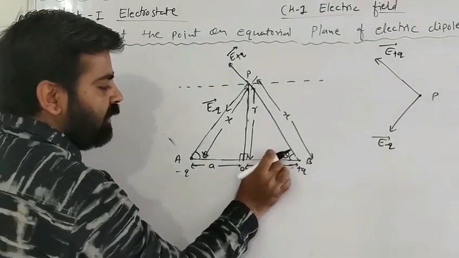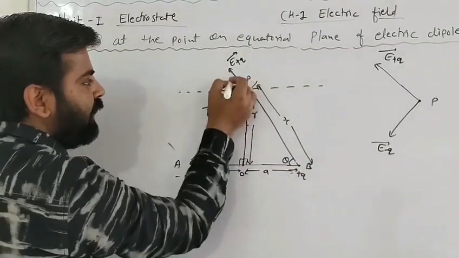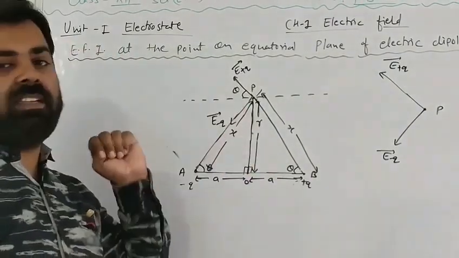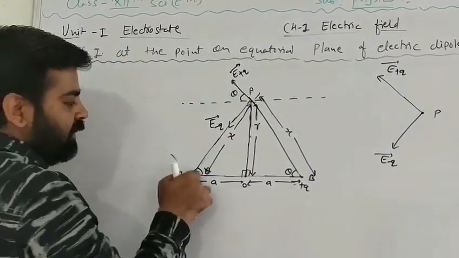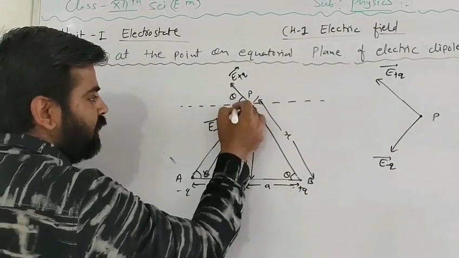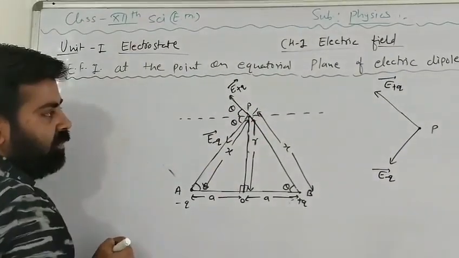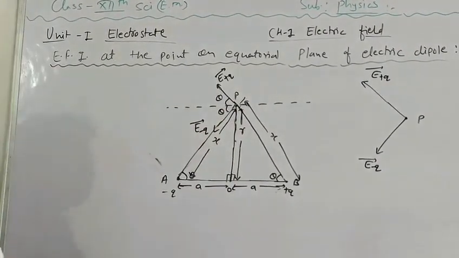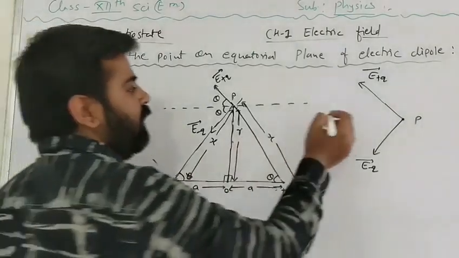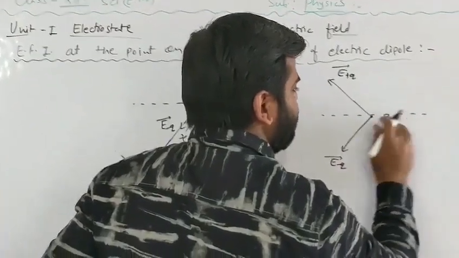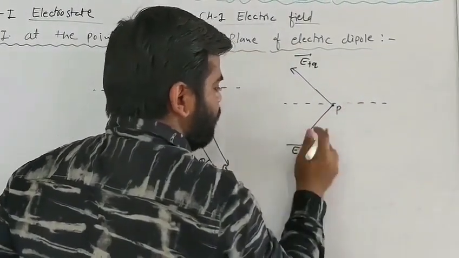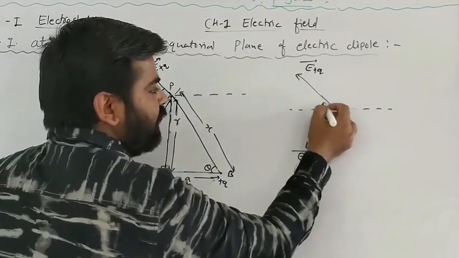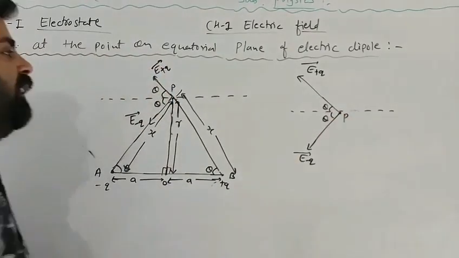As this is theta angle, that angle is also theta. What angle? Corresponding angle. This is theta angle, so this angle is also theta. Which angle? This angle is alternate interior angle. Now we resolve the components of E plus q and E minus q. This angle is theta and this angle is also theta angle.